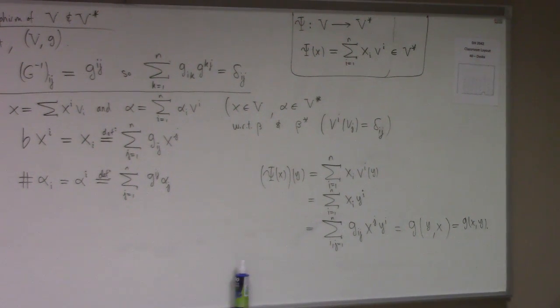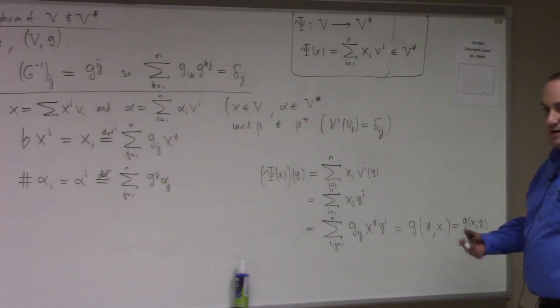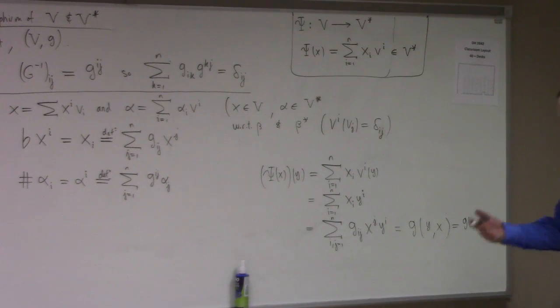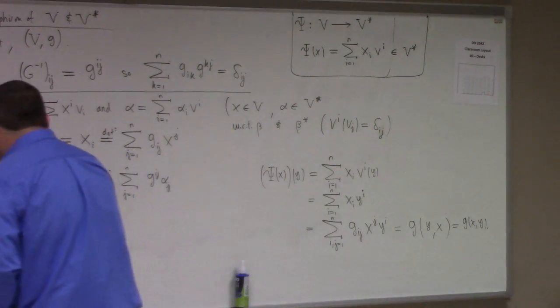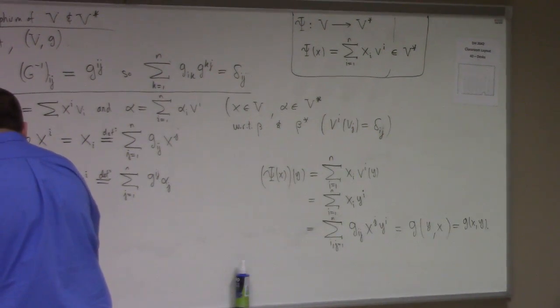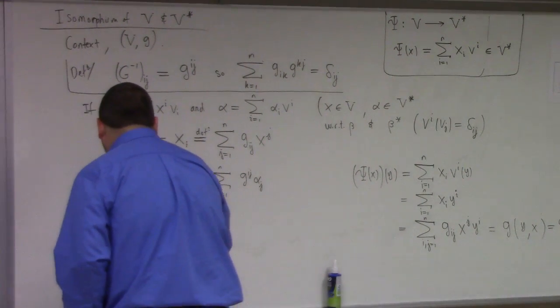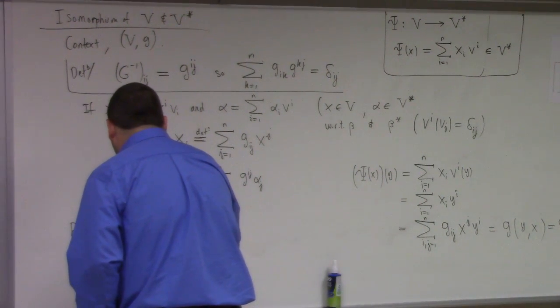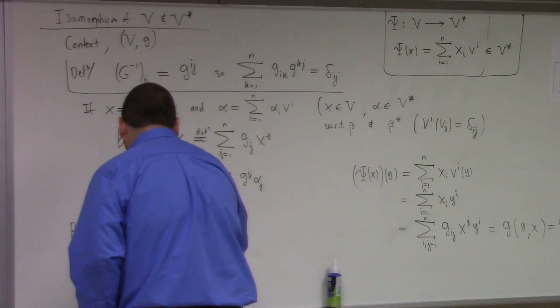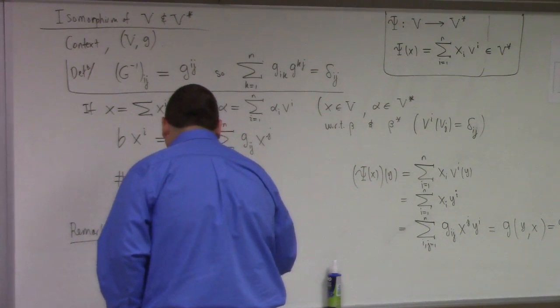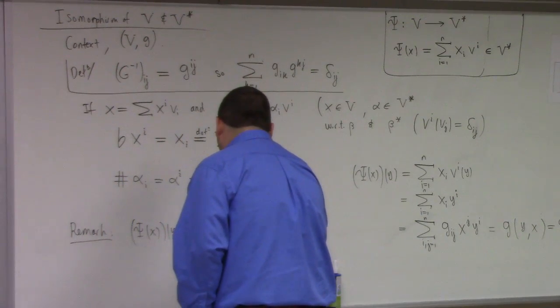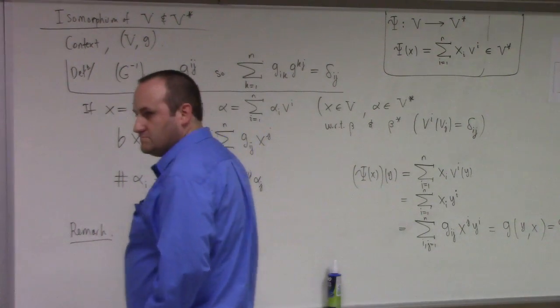So you see, instead of using the musical morphism, I could define the isomorphism between the vector space and its dual another way. I could have just said, I'm going to define psi of x acting on y to be g of x comma y.